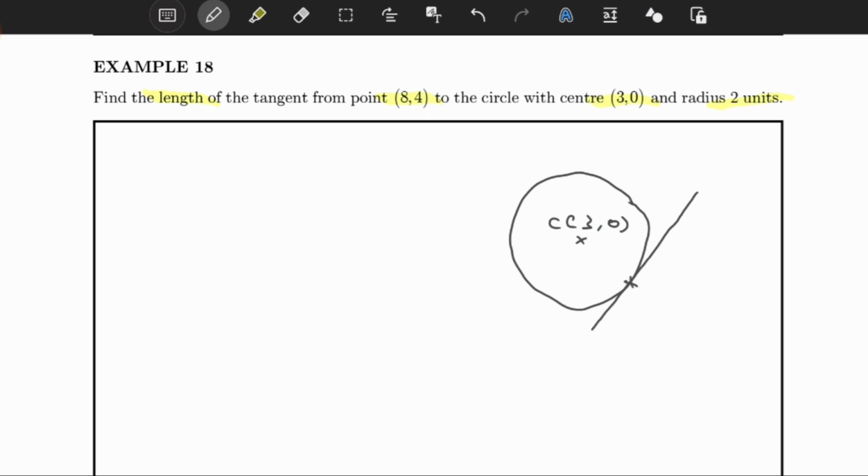Here is the touch point, I name it as A. And let's say this is point (8, 4), just put the name as B. So if we connect everything, we will get a right angle triangle. We don't have a problem finding the length BC. So let's find the length BC.